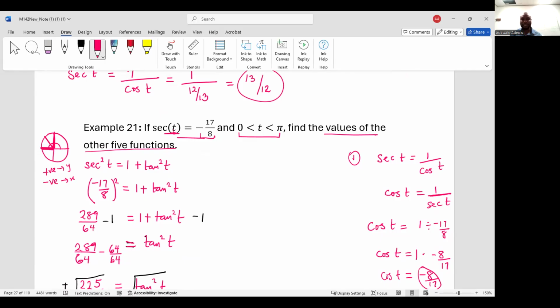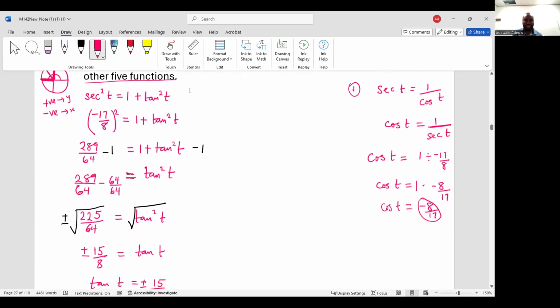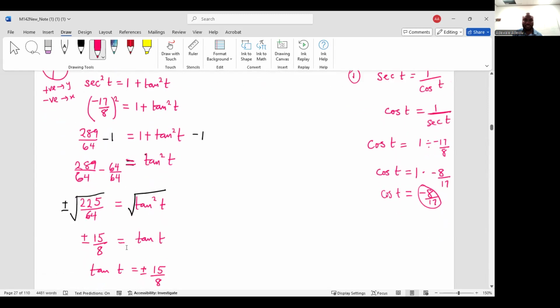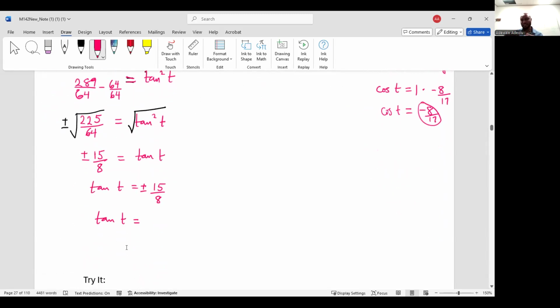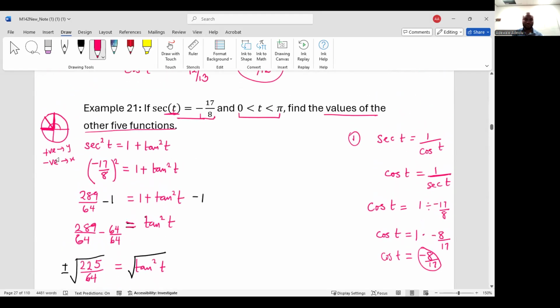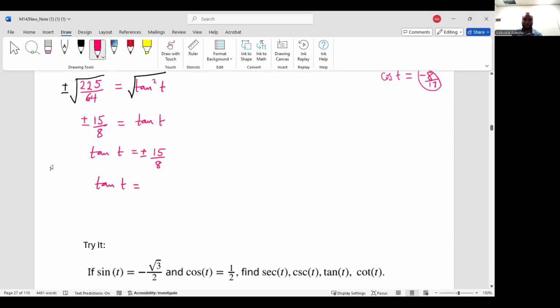Now, remember that tangent that we are looking for is sine over cosine, meaning positive divided by negative, which is still negative. So it turns out that the answer is negative 15 over 8.